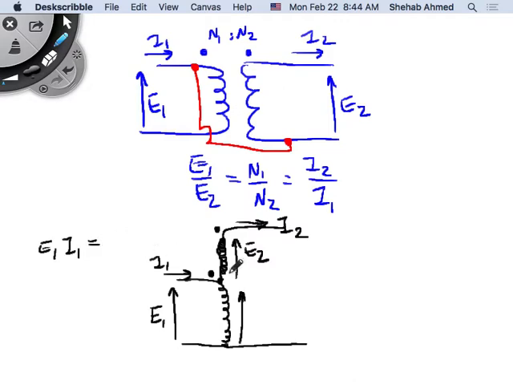On the output side, I have E1 plus E2, right? And multiplied by I2, right? So what did I do to the power?